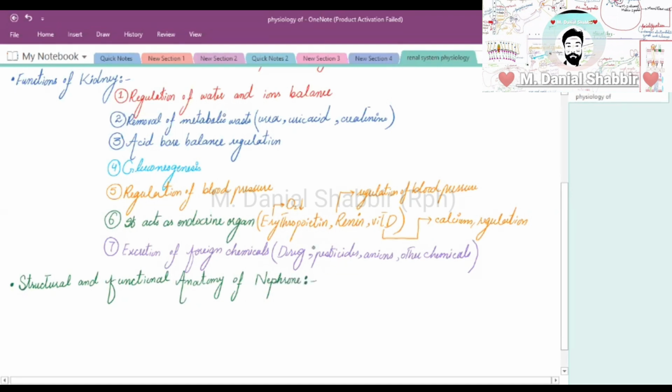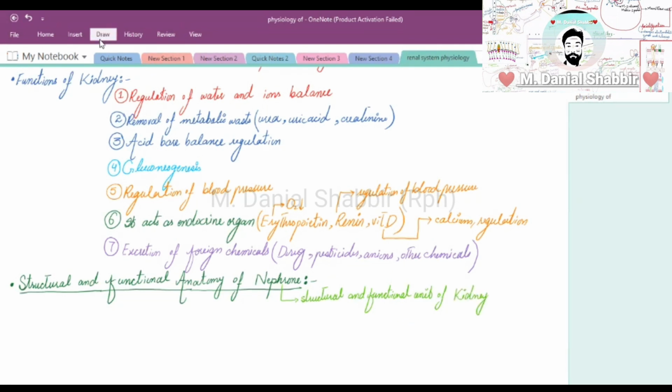Right? All of you know about the nephron. We can say that the nephron is the structural and functional unit of the kidney, right?